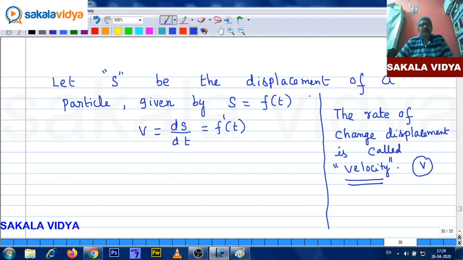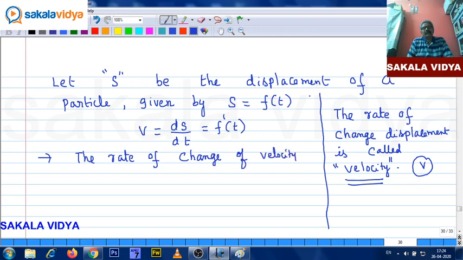Okay. Now velocity is equal to ds by dt. Even the rate of change of velocity is called, you know pretty well better than me, acceleration, denoted by the letter small a.